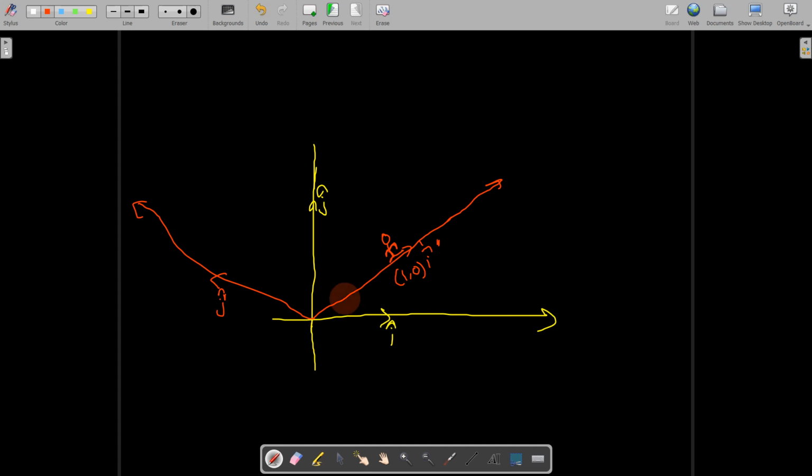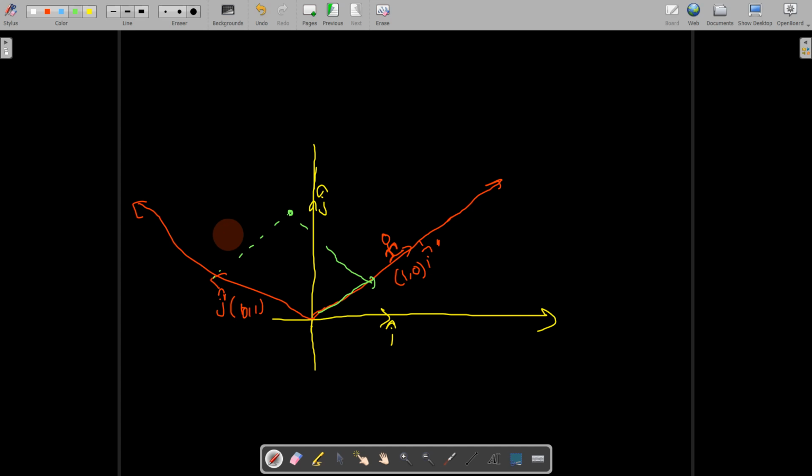Now this is your x-axis and this is your y-axis, 0 comma 1. All the distances you are now measuring are how much you have to move along this red i cap dash and how much along this red j cap dash. Every point's coordinates are the scalars you move along i cap dash and along j cap dash.